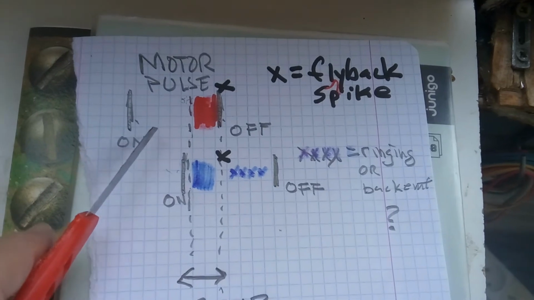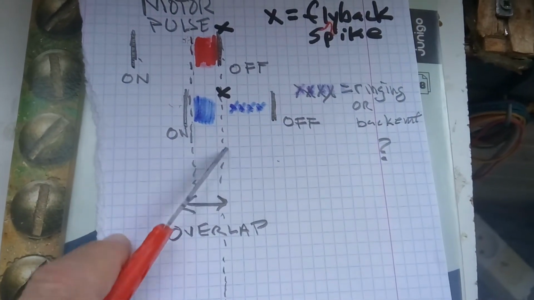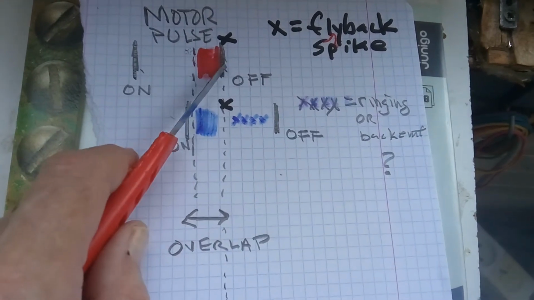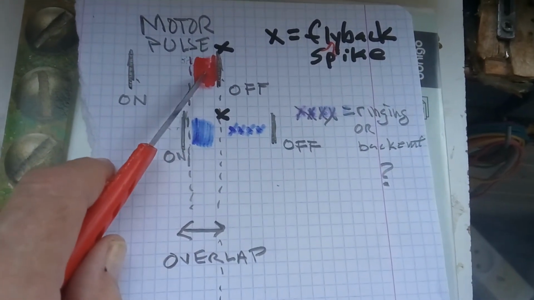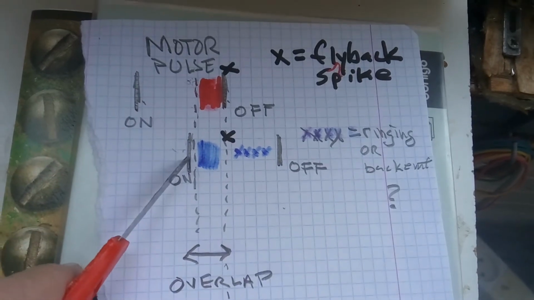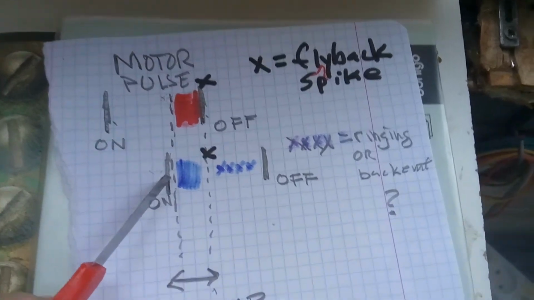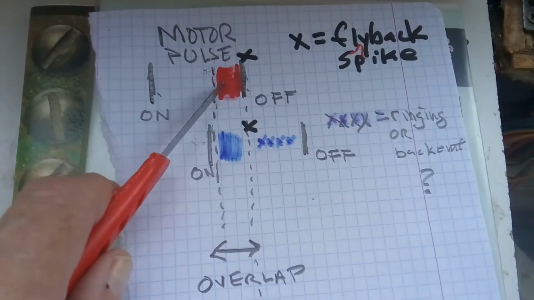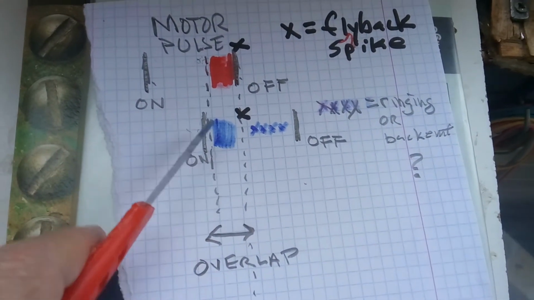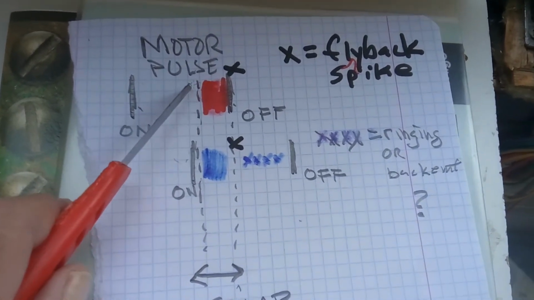So there's an overlap of this distance, okay, between the motor coil pulse and the connection of the back EMF flyback to the load of the cap. Okay, so there's the overlap period. That's maybe 3/4 of a millisecond if this is a 2 millisecond pulse.